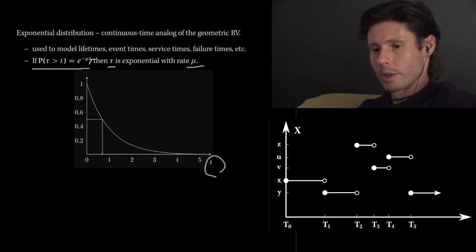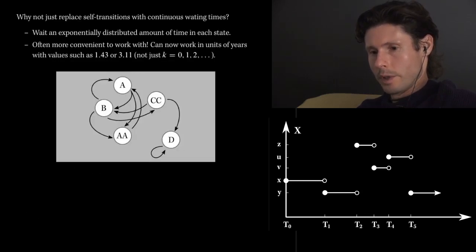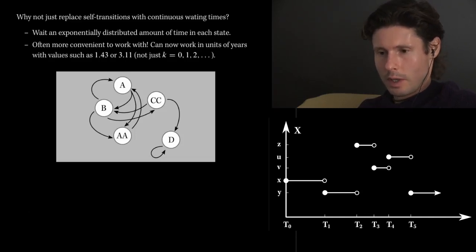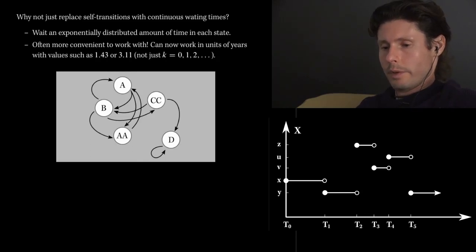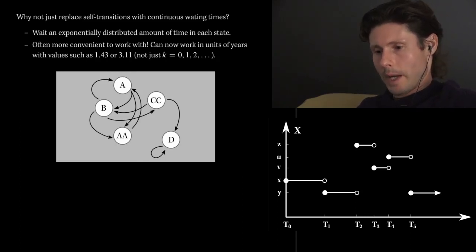So why not use it to begin with? We're going to take all of these self-transitions and replace them with exponential random variables. So throw out the geometric random variables, because they're associated with some particular time unit, which we don't necessarily need to pick and fine-tune.